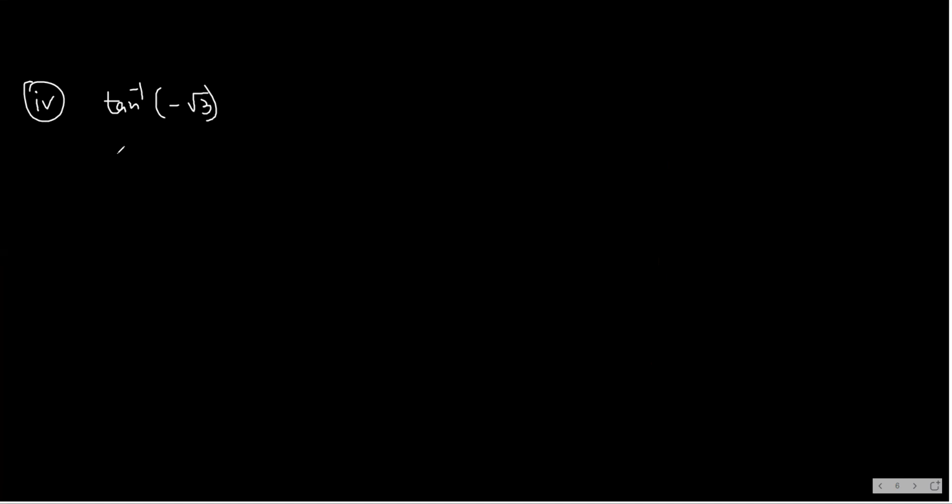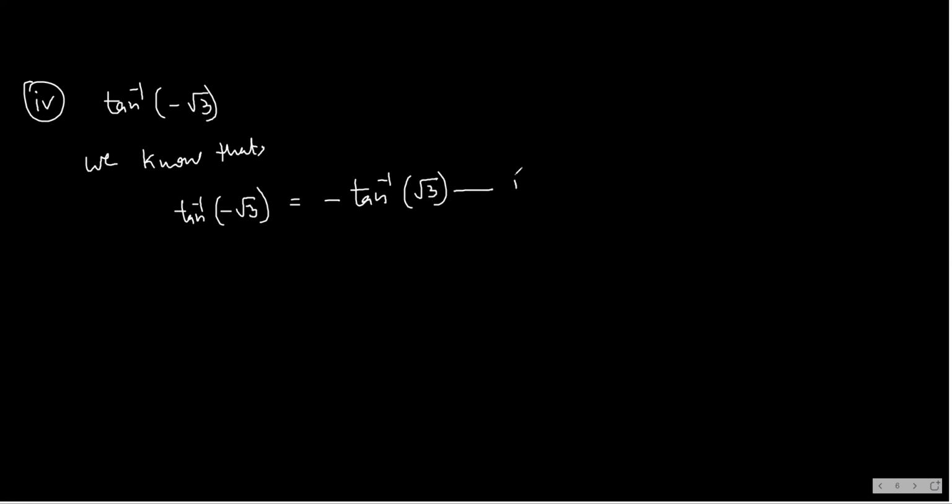We know that tan inverse of minus root 3 is equal to minus of tan inverse root 3. Which result? Tan inverse of minus x is minus of tan inverse x. And I write this as 1. You got it? Now what will I do?